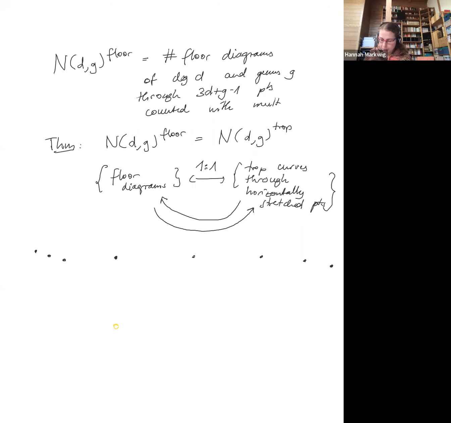And I claim that there's precisely one tropical curve corresponding to this floor diagram, and that we can draw it through the points that we fixed up there. How are we going to do that? Well, those points are numbered, right? 1, 2, 3, 4, 5, 6, 7, 8, and our points are also numbered because they are horizontally stretched.